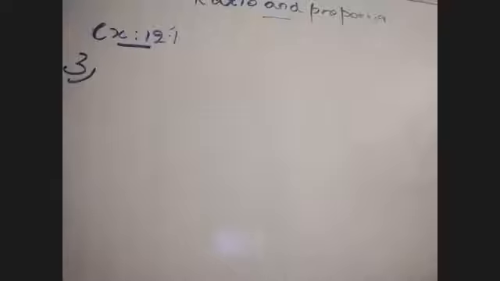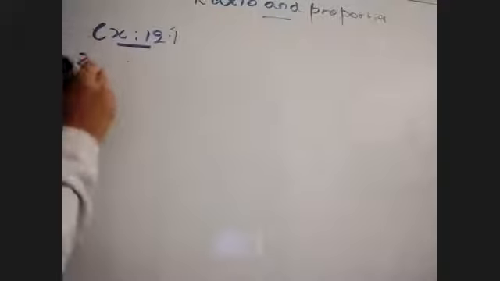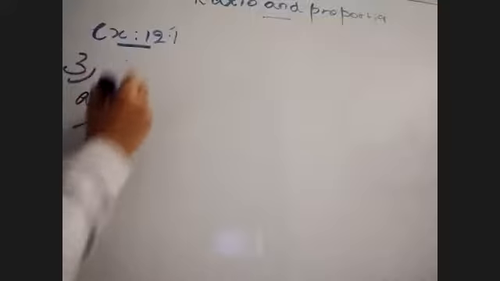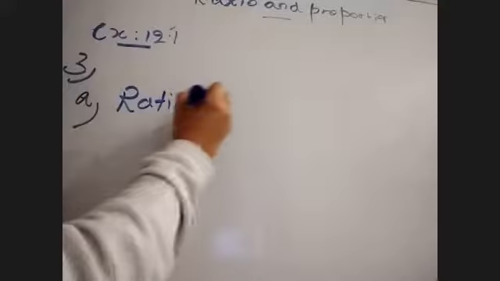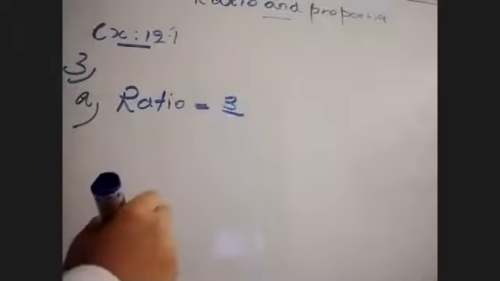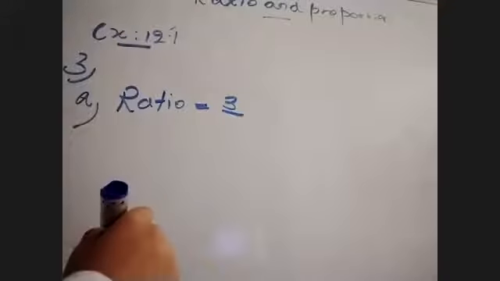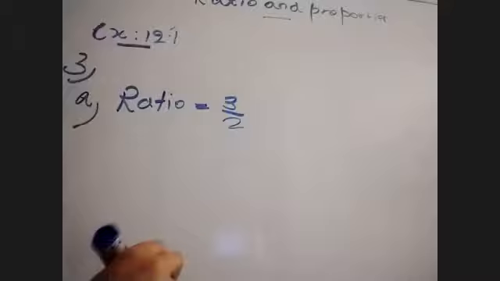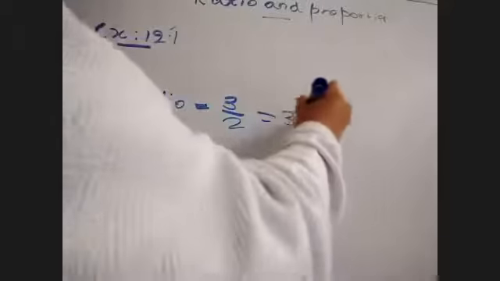So the first question, that means part A of the third question, says the number of triangles to the number of circles in the figure. So we have 3 triangles, 1, 2, and 3. And how many circles do we have inside a rectangle? We have 2 circles inside a rectangle.